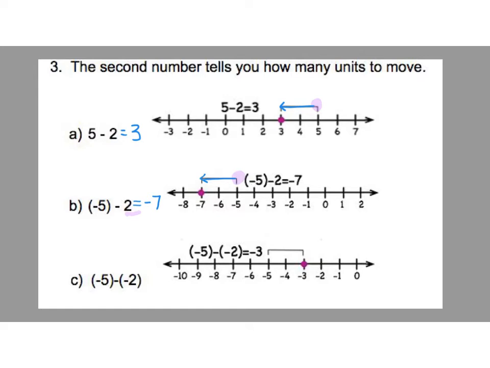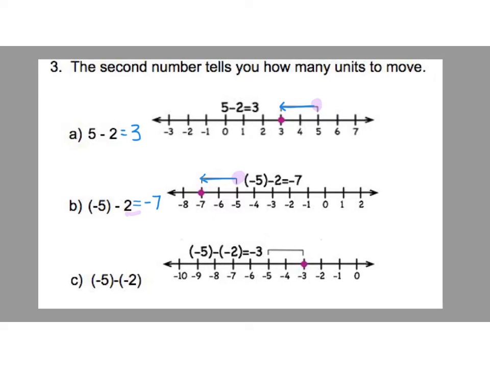In problem C, negative 5 minus negative 2, you notice that there are 2 negative signs. We have the subtraction sign in between the 2 numbers, and then we have negative 2. Anytime you see 2 of these minus or negative signs next to each other, that can't happen.